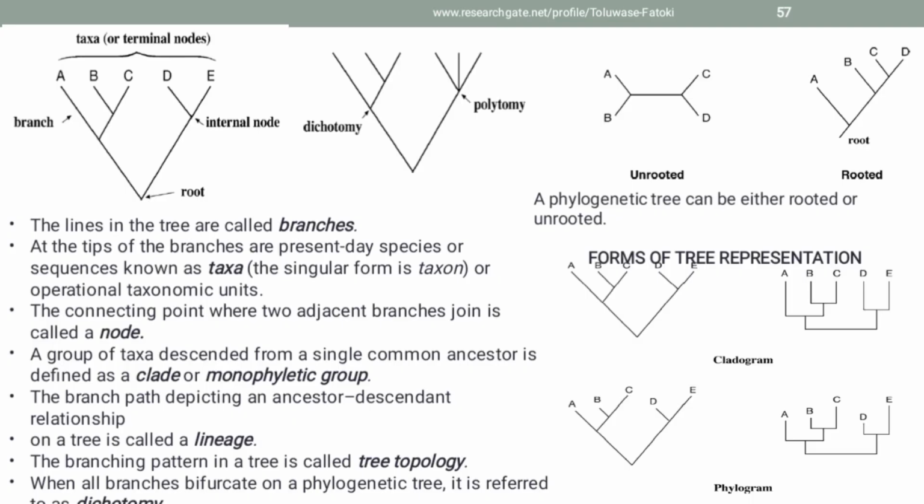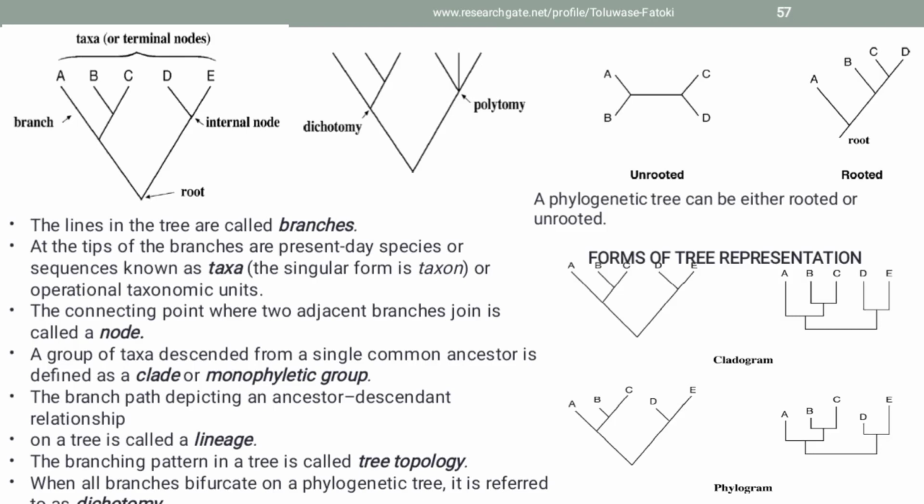And then the root forms branches, just like a tree. You have branches from the stem, and the point where a branch gives birth to another branch, we call that an internal node.